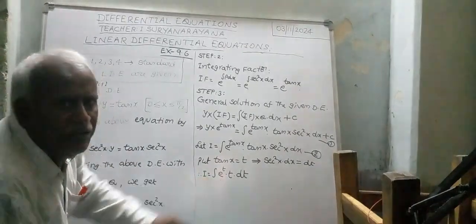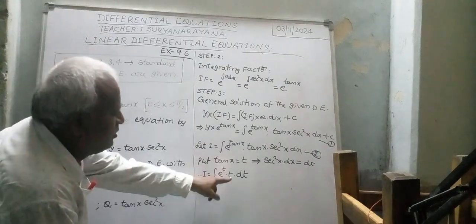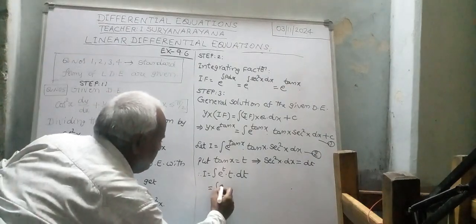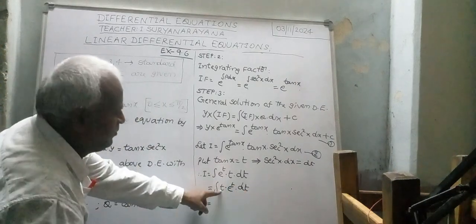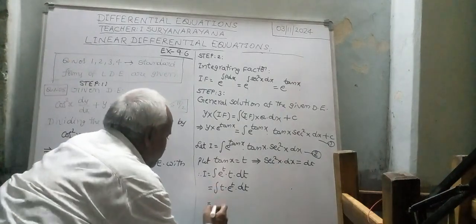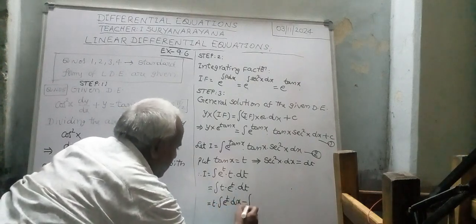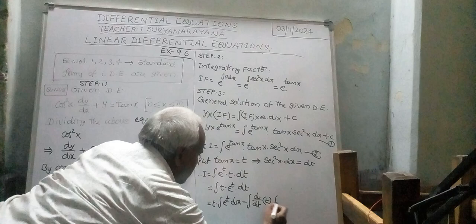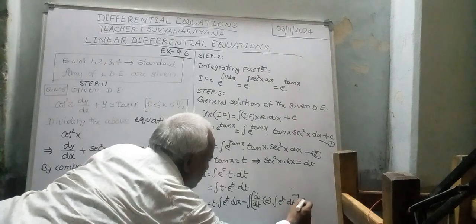Now we can use the integrating by parts method again. But the functions are not in the same order. This is an algebraic function, this is an exponential function. We rearrange as integral t into e power t dt. First function f of x is t and g of x is e power t. So t into integral e power t dt minus integral d by dt of t into integral e power t dt, whole dt.